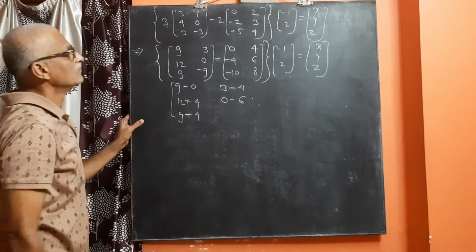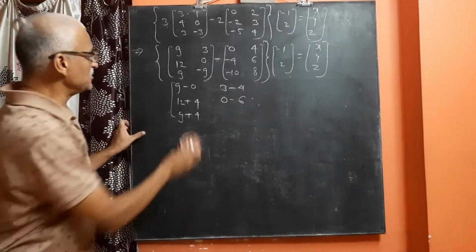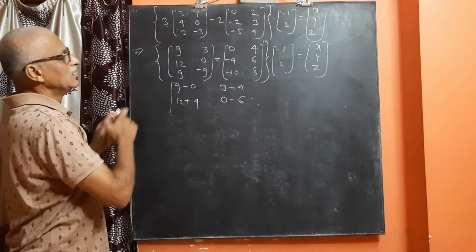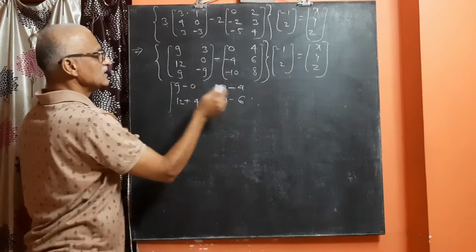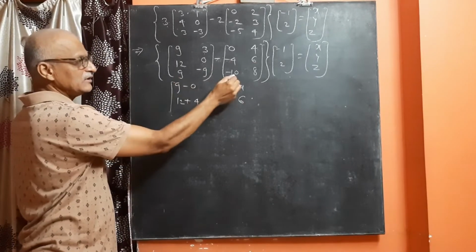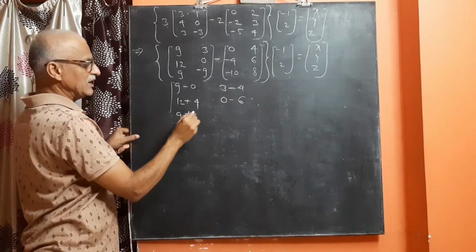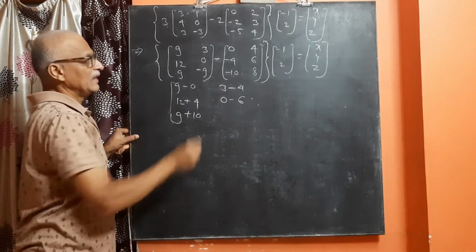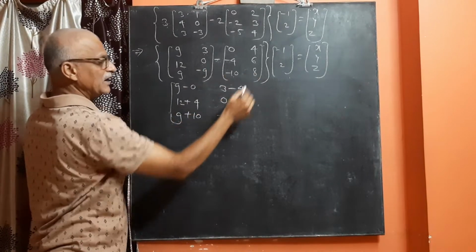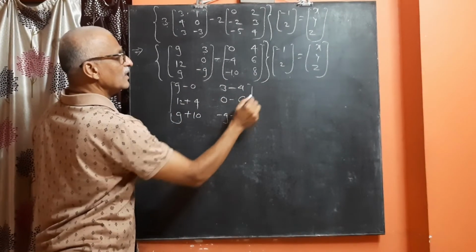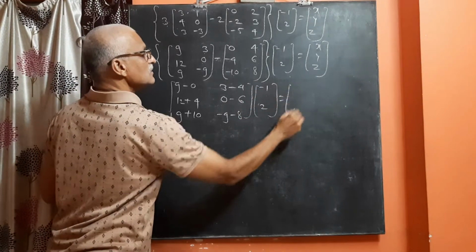Sorry, something is wrong, I made a mistake. 12 minus of minus 4, 0 minus 6, 9, this element, minus of minus, that is plus 10, minus 9 minus 8, that is minus 8, into matrix minus 1, 2 is equals to x, y and z.